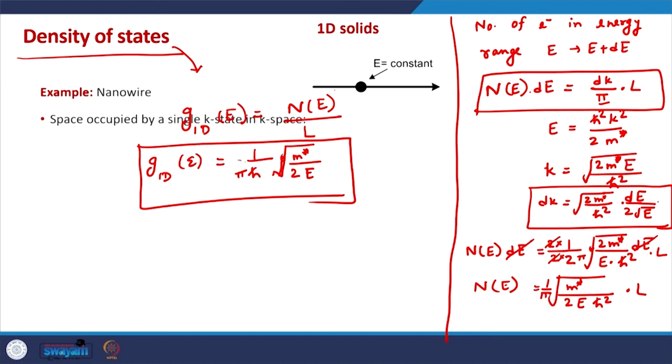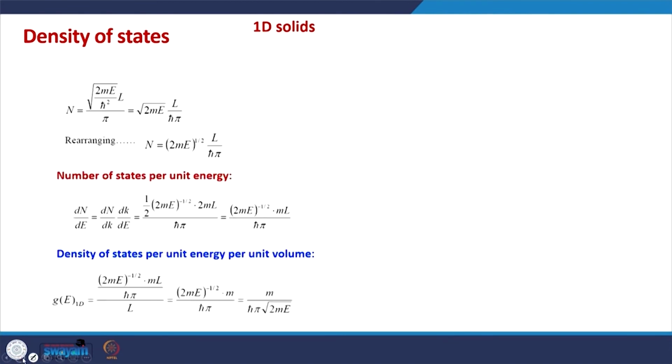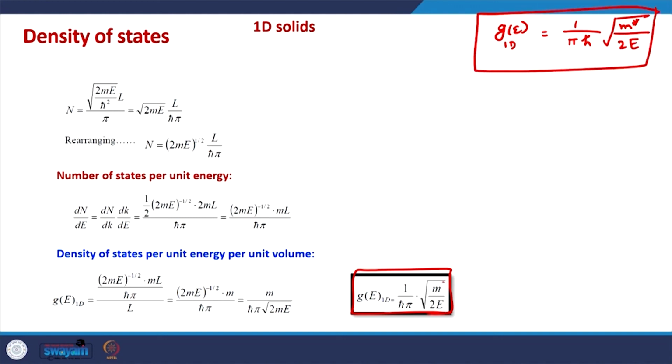So, I am sorry for missing this factor. So, ultimately the final expression for the density of states in 1D solids will be this. So, G(E) for 1D solids is 1 by pi h bar square root of m star divided by 2E. It should be m star here.